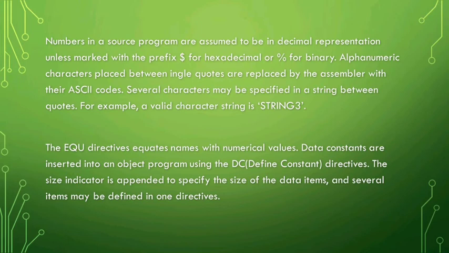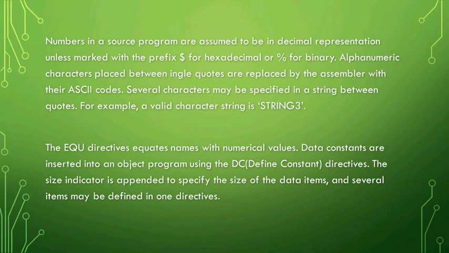Numbers in a source program are assumed to be in decimal representation unless marked with a prefix $ sign for hexadecimal or percent sign for binary. Alphanumeric characters placed between single quotes are replaced by the assembler with their ASCII codes. Several characters may be specified in a string between quotes. All of the assembler's directives discussed in section 2.6 can be used with only slight differences in notation.